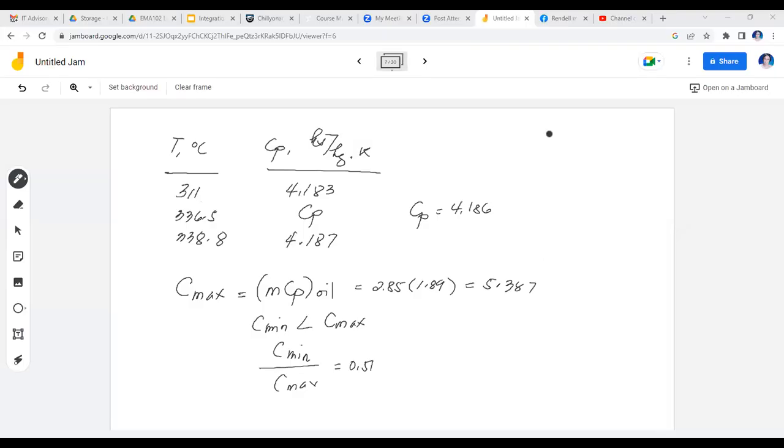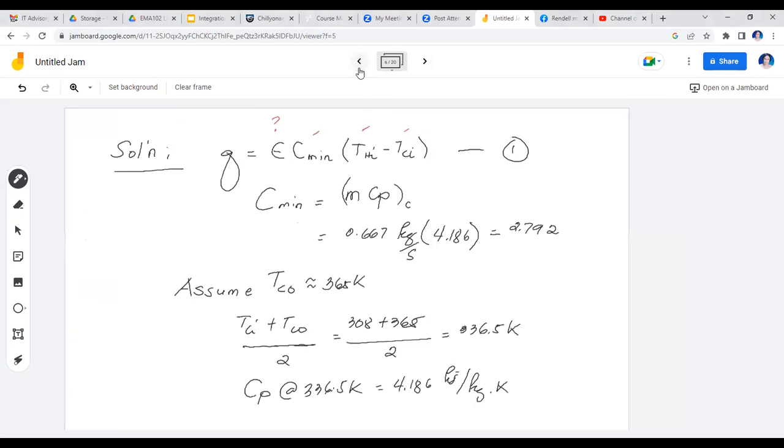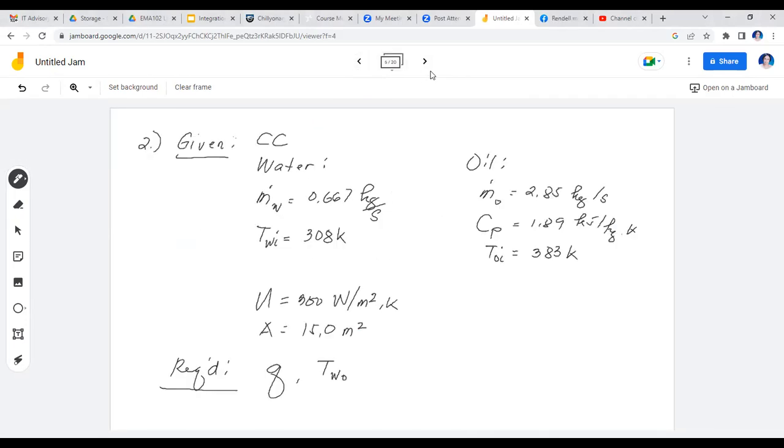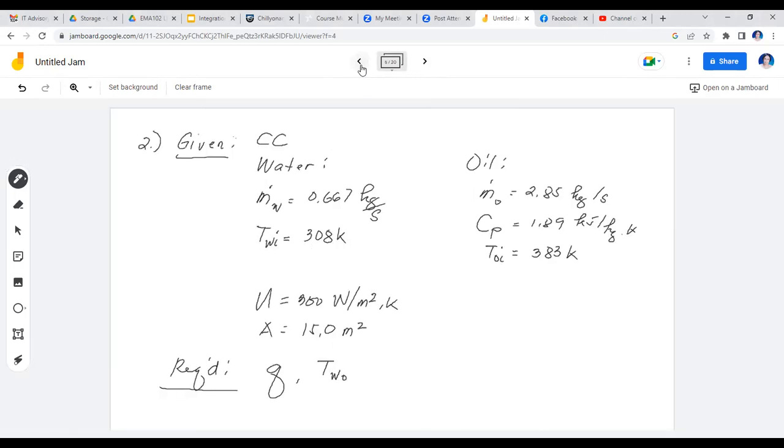So you have here UA over C minimum. So your overall heat transfer coefficient U is given to be 300. The area is 15.